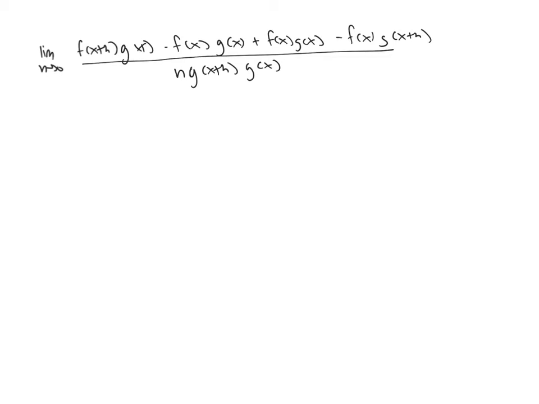Alright, so now that I've rewritten it, we are just going to factor out the g of x from the first two pieces and then the f of x from the second two pieces. So it'll be g of x times f of x plus h minus f of x. I'm going to make this all over h.